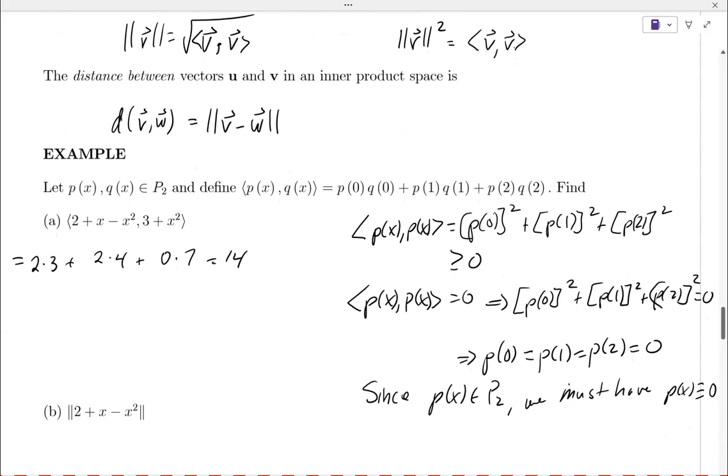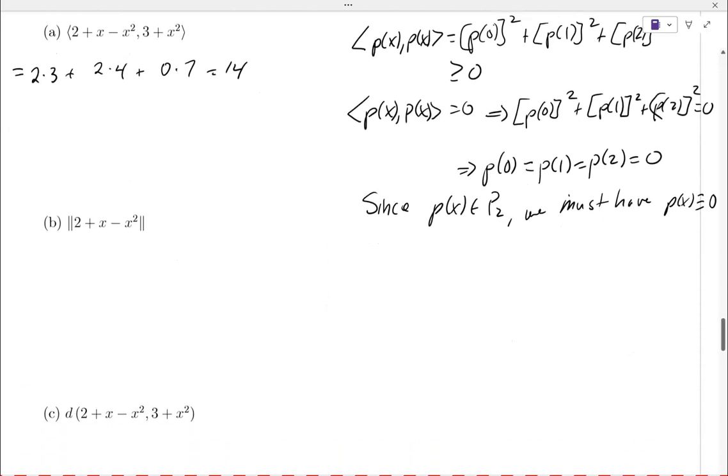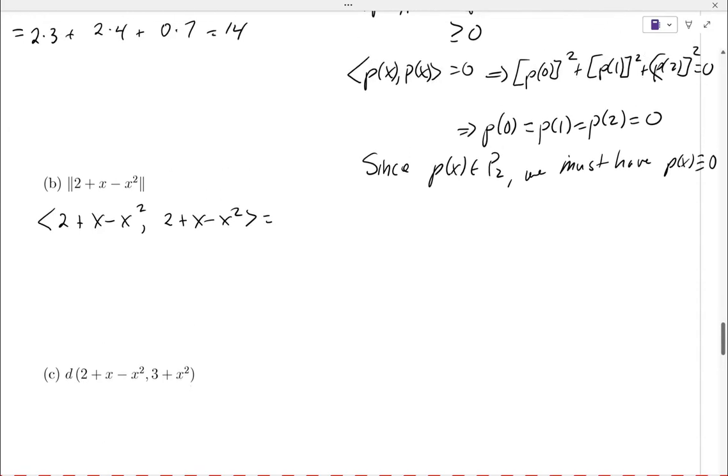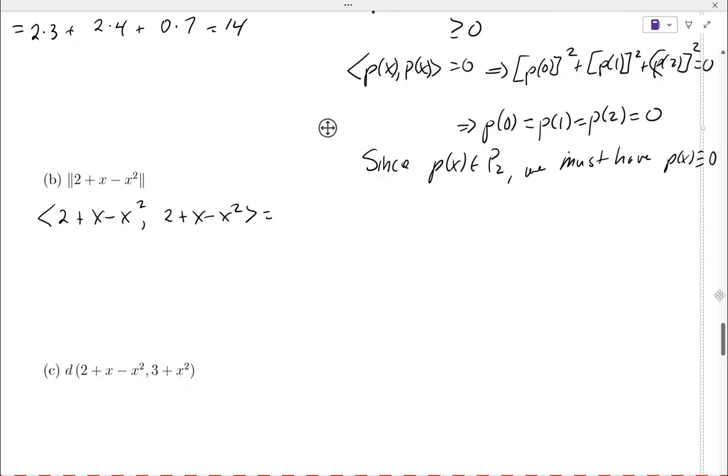Okay. So let's see if we can do these other two examples. For B, I need to do the inner product of this one with itself. Let's do that first. So if I want to do the inner product of 2 plus x minus x squared with itself, well, you already calculated what P of 0, P of 1, and P of 2 was up here in the previous part, right?